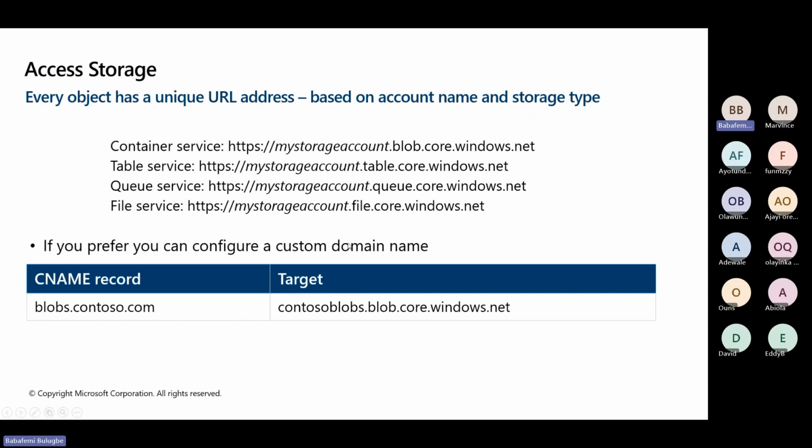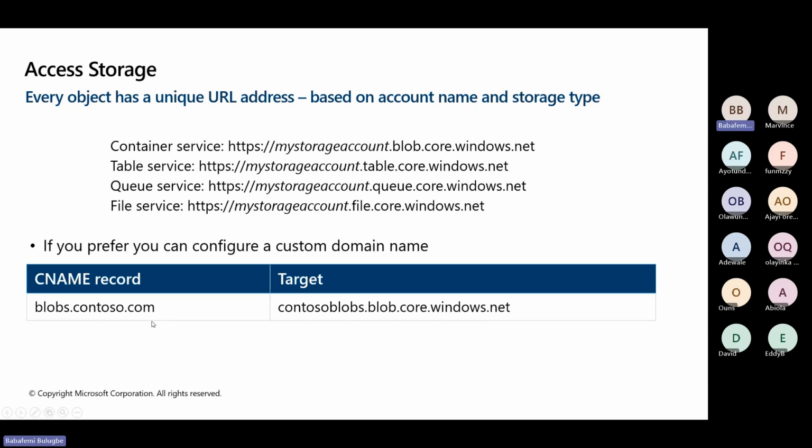When we say custom domain, instead of having all these long domain names, .blob.core.windows.net, you can verify your custom domain on your storage account so that you can replace the .blob.core.windows.net with just contoso.com.